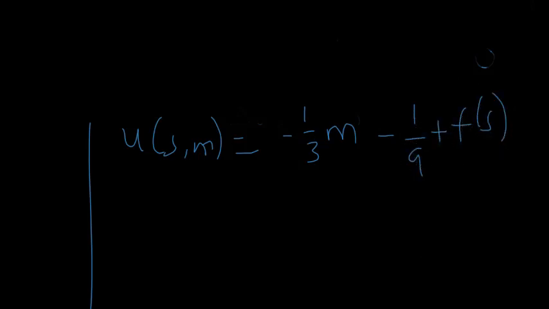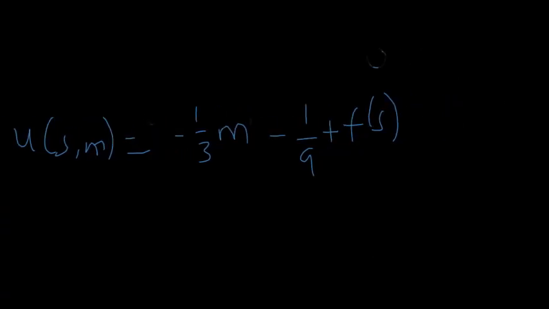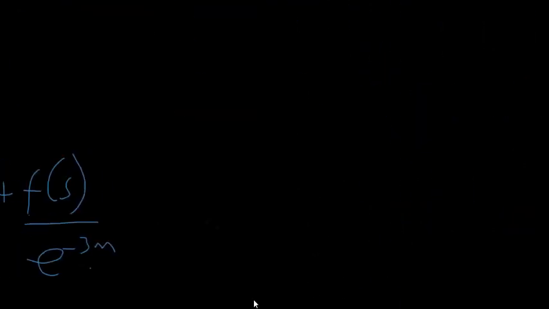Then when you bring the denominator to the top, you have e to the 3m, right? So e to the 3m. Am I right? Let me check. Yeah, I have e to the 3m.